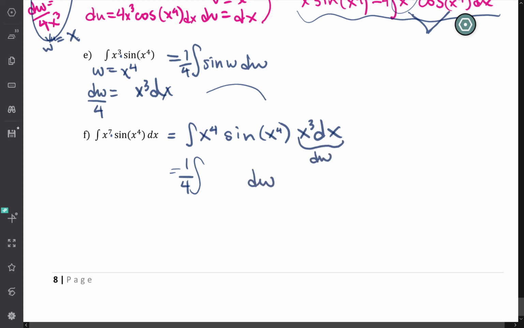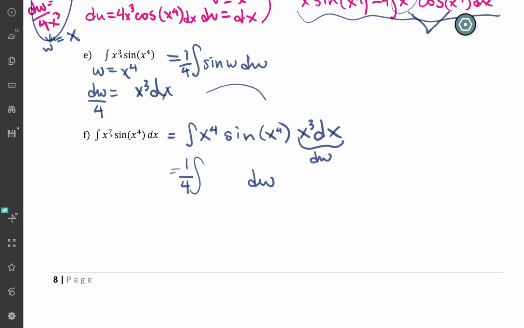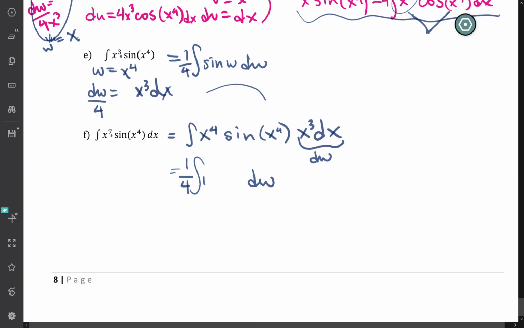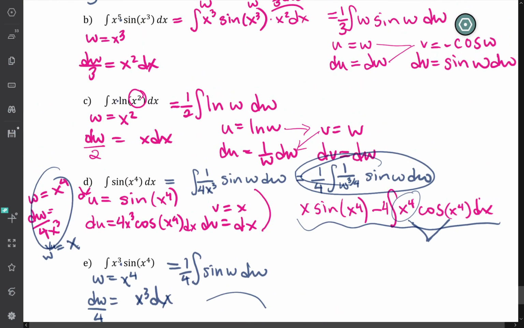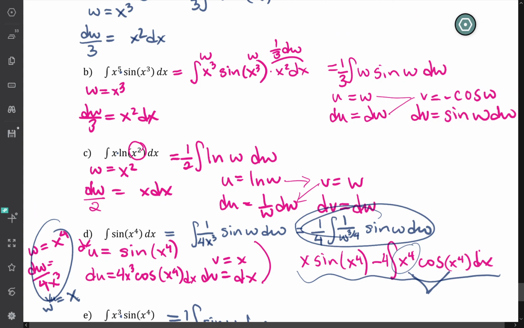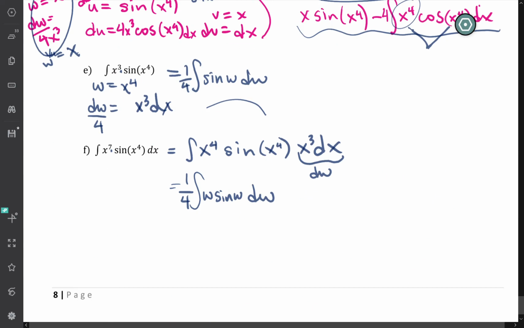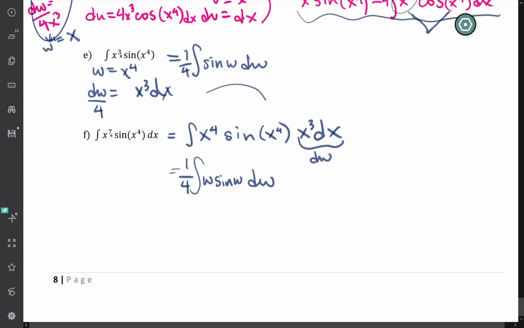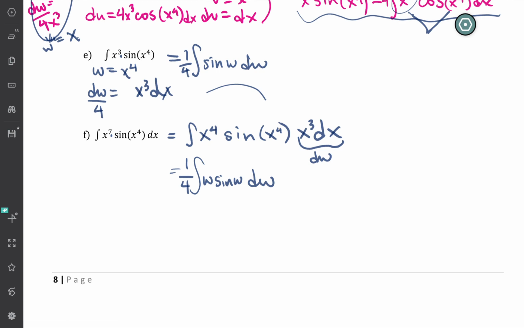And then the x to the 4th out in front doesn't go away, but it is our w. So now we have a w sine w dw, which you can do, I think that one was up here, right? You can do with, yeah, right here, with a by parts. So combinations of substitution and parts absolutely happen and can be helpful. Thanks for watching.